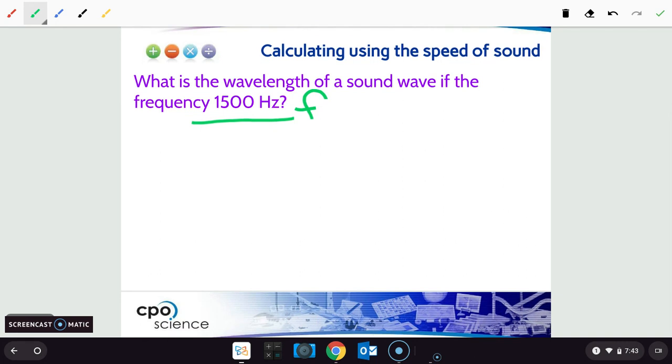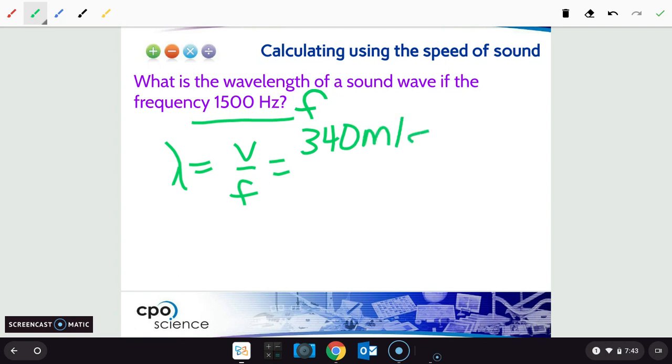If I start with the rearrange, since I'm trying to find wavelength, I would do wavelength is equal to speed over frequency. And again, for all of these calculations, V, or speed, is 340 meters per second. And this would be over 1500 hertz.